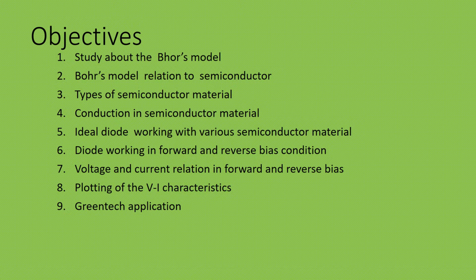Then the ideal diode working with various semiconductor materials, and the diode working in reverse bias and forward bias conditions, then voltage and current relations in forward and reverse bias. The second point of the discussion will be plotting of the VI characteristic, and lastly your grid technology application.